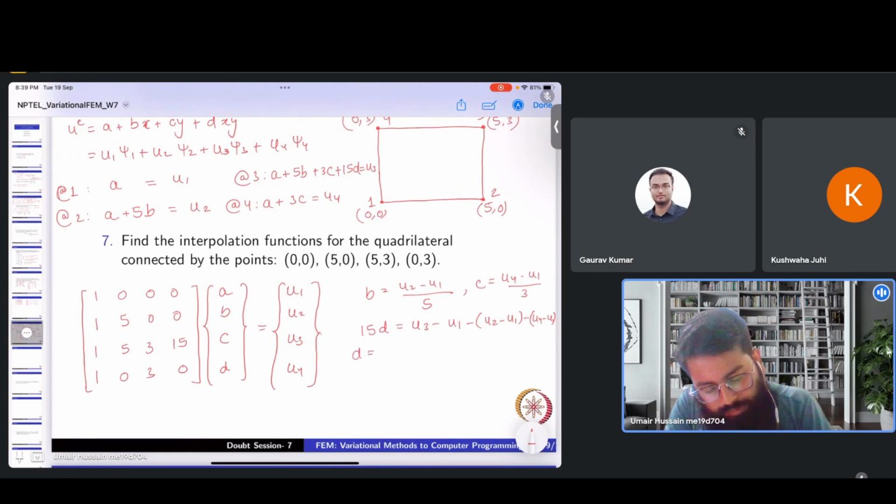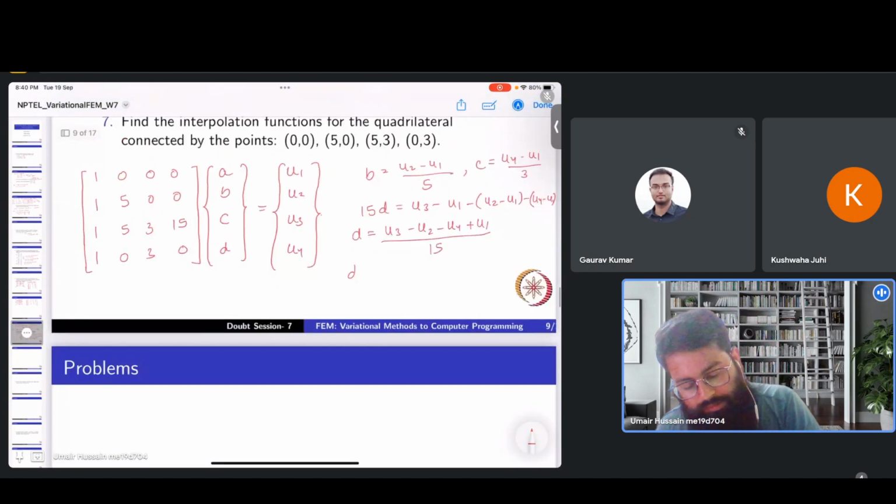So D equals U3 minus U4 minus U2 plus U1 upon 15.